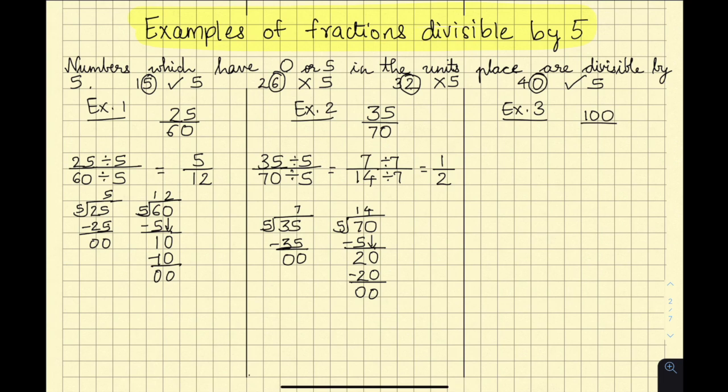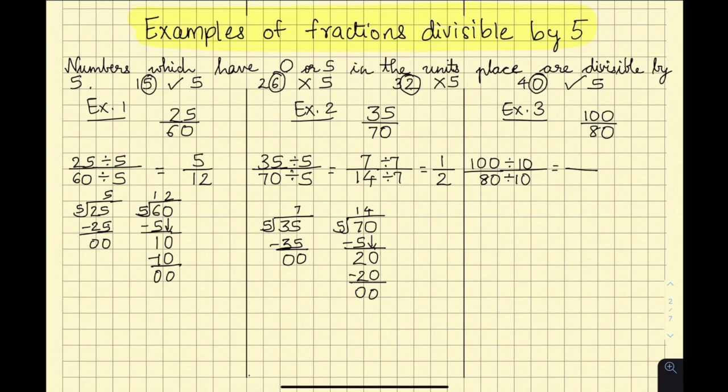Now the next example which we have is 100 over 80. Now this can be done in two methods. Here you can see that both 100 and 80 have got 0 in the units place and both can be divided by 10 because both have got 0.